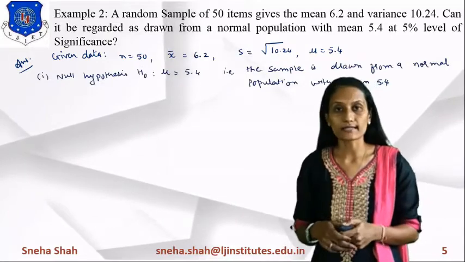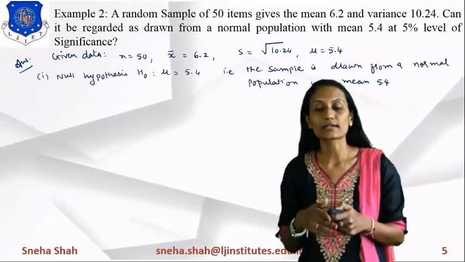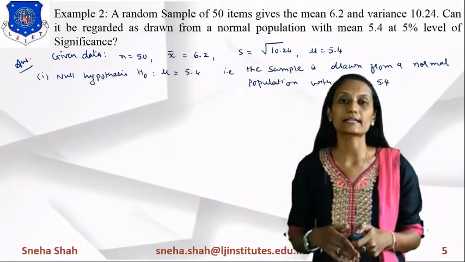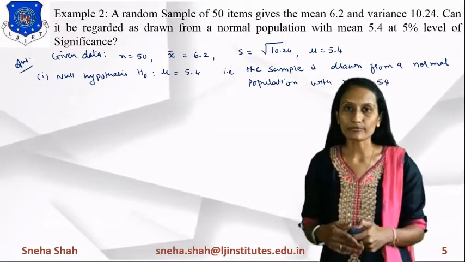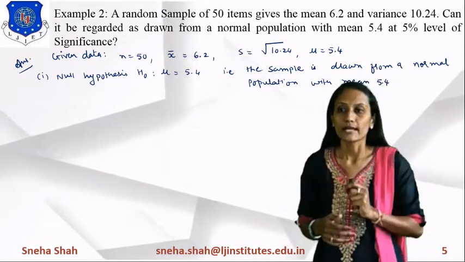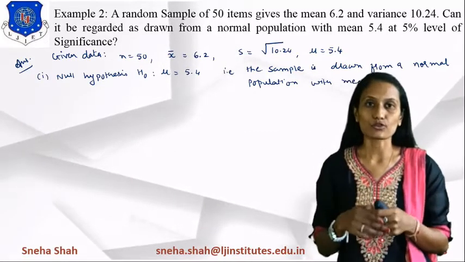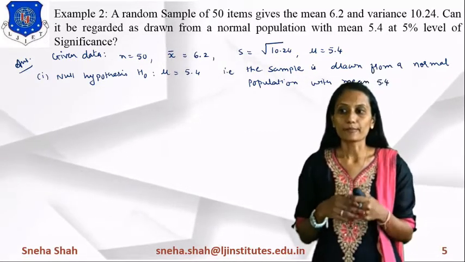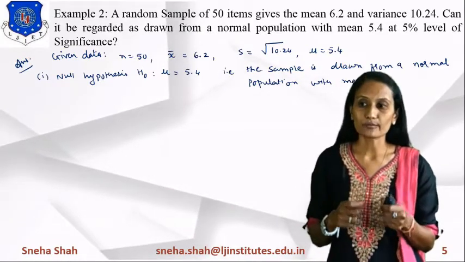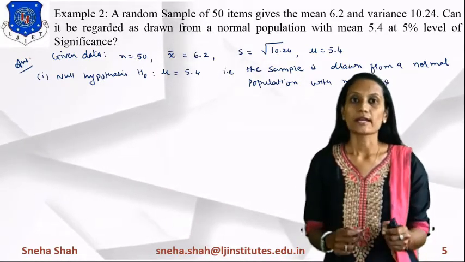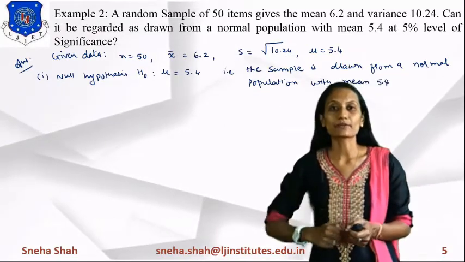First of all, we consider the null hypothesis. The null hypothesis is represented as H0. In this we assume that the value of mu equals 5.4. It means the sample is drawn from a normal population with mean 5.4. So if we take mu equals 5.4, what will be the alternative hypothesis?